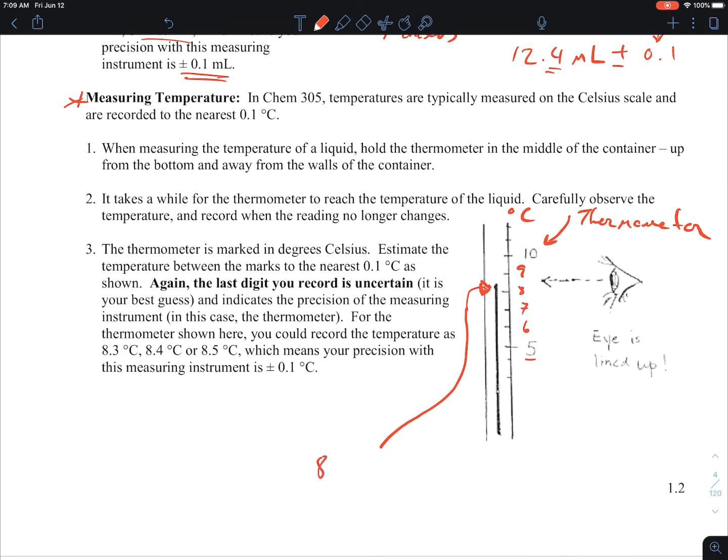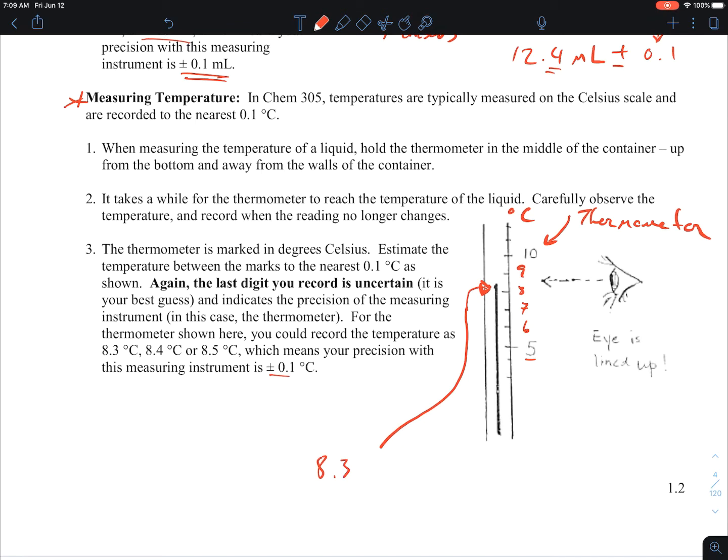I know that degree is 8 something, and then to estimate the next digit, the 0.1, I take 1 degree, which is the difference between 8 and 9, and divide it by 10, that means I can get to the 0.1.